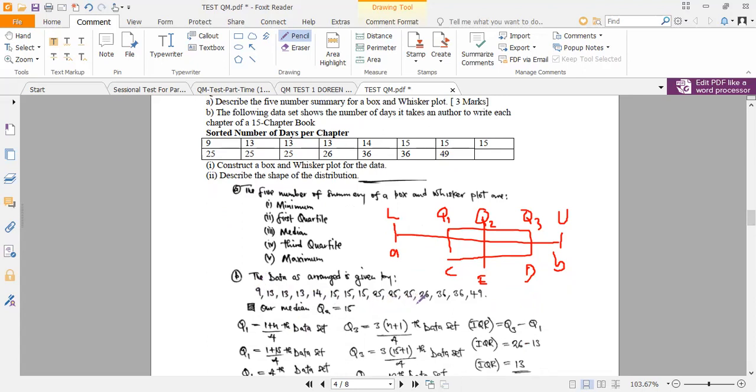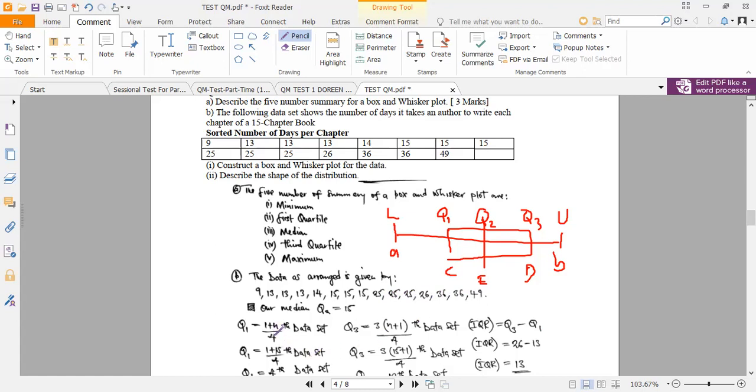Now, with this data set, we need to first find our lower quartile. Our lower quartile is a quarter of n plus 1. We have 1, 2, 3, 4, 5, 6, 7, 8, 9, 10, 11, 12, 13, 14, 15.